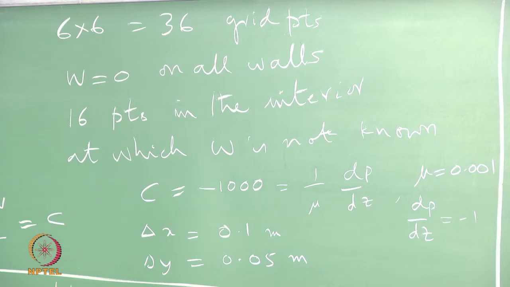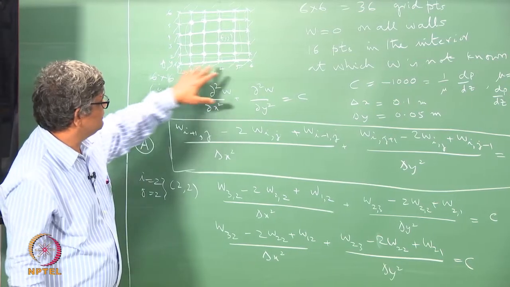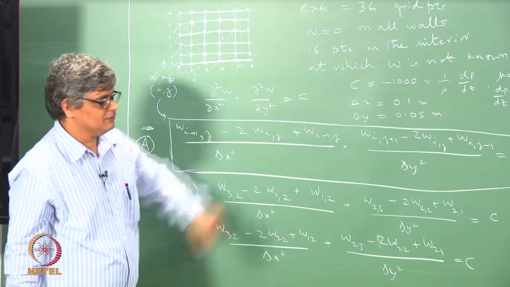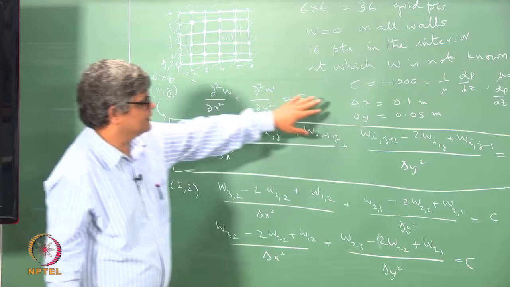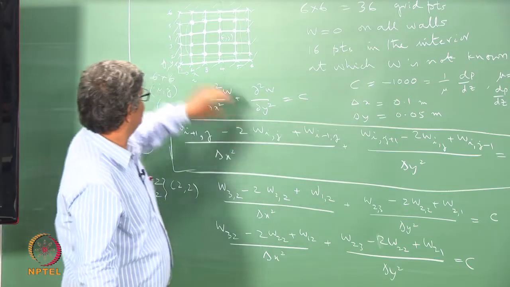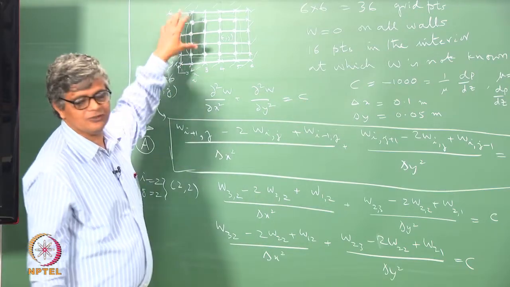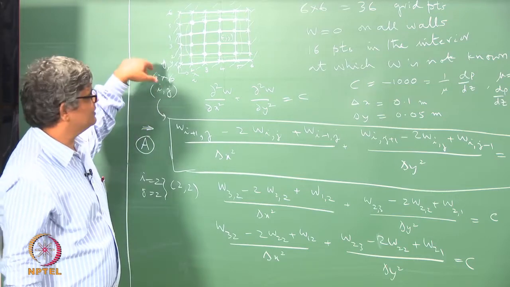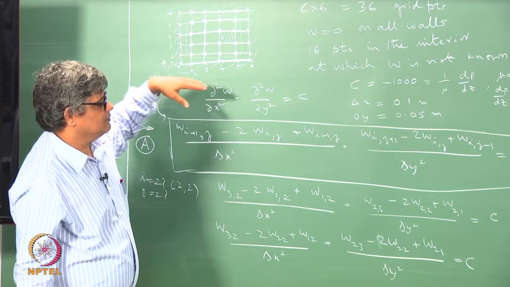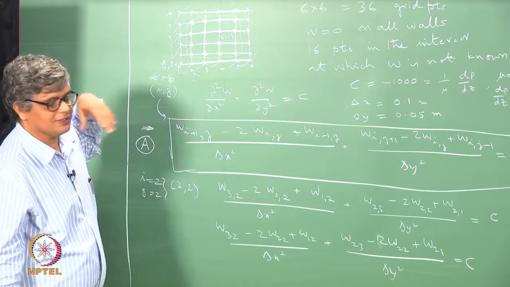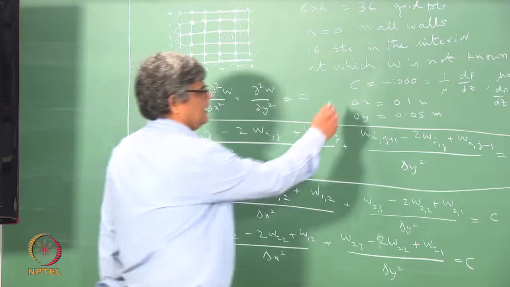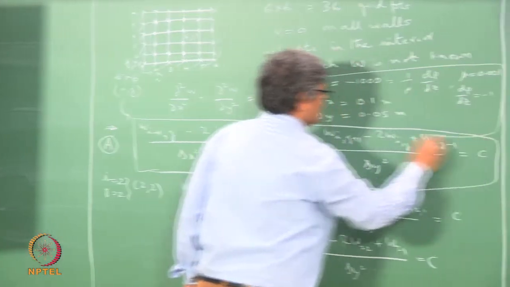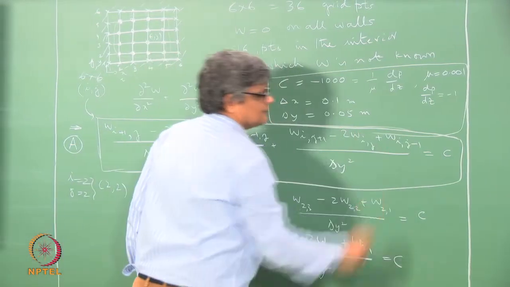So if you know the total length, and if you have divided this into 5 parts, then you can get this. So this will imply that the total length in the x direction is 0.5 meters and the total length in the y direction is 0.25 meters. So, 25 centimeters and 50 centimeters. These are numerical values, and these come as part of the problem specification.